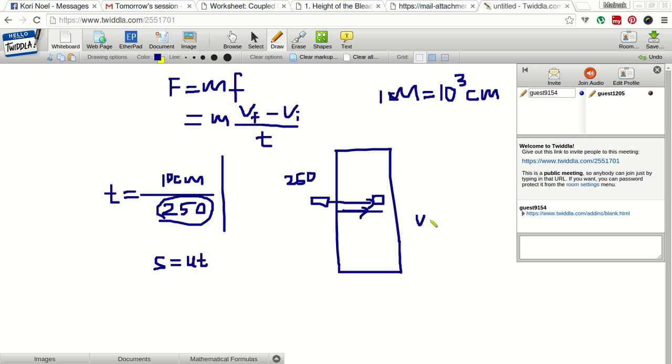Or this one would be even easier to use: v squared equals u squared minus twice fs. Have you ever seen this particular equation? I don't know what u stands for. u is the initial velocity, v is the final velocity, f is the acceleration, s is the distance traveled.